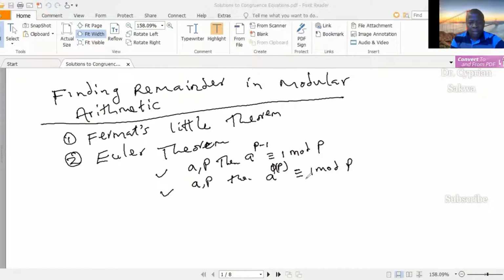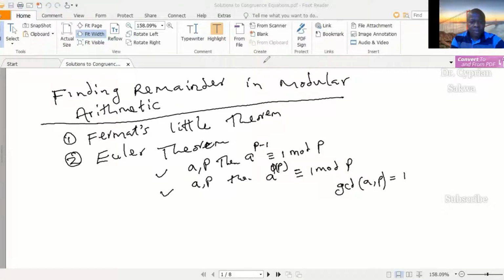So again, there's a condition that p and a must be relatively prime. In other words, the GCD must be 1. That is the time you can use this Euler theorem. And I've already stated the condition for using Fermat's theorem. If the question goes against these conditions, then these methods cannot be used.